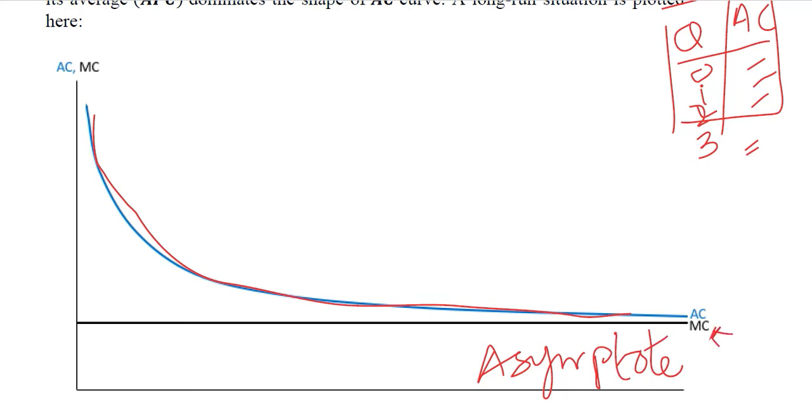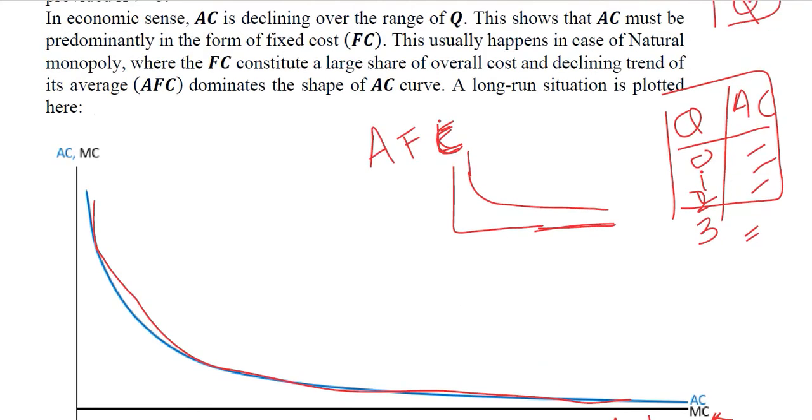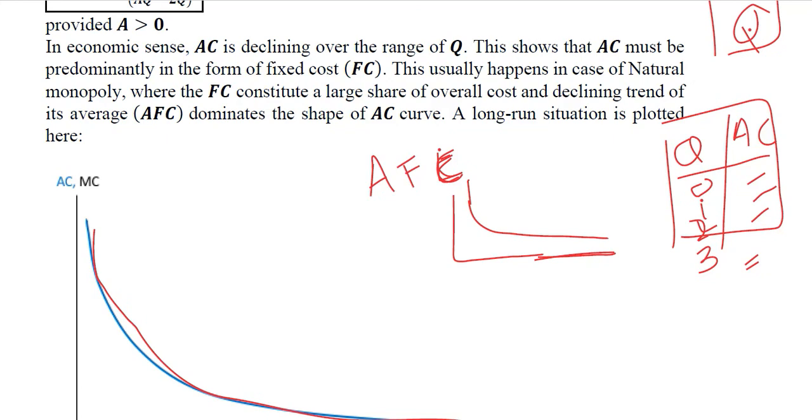And we remember that the average fixed cost also has this shape usually, and when it spans such a long interval, it means that the fixed costs were very high. When the fixed costs are very high, we are dealing with a situation which is known as natural monopoly, because in the beginning of the natural monopoly, the fixed cost is very high.